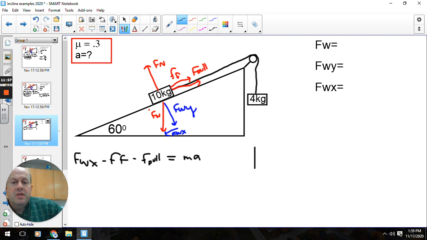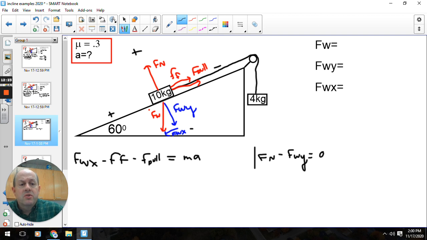That was choosing positive as down. The other side, if we choose our normal as positive, is force normal minus force weight y equals 0, because we're not moving like that. You should be seeing a familiar pattern with inclined planes there. So now we've got our forces.